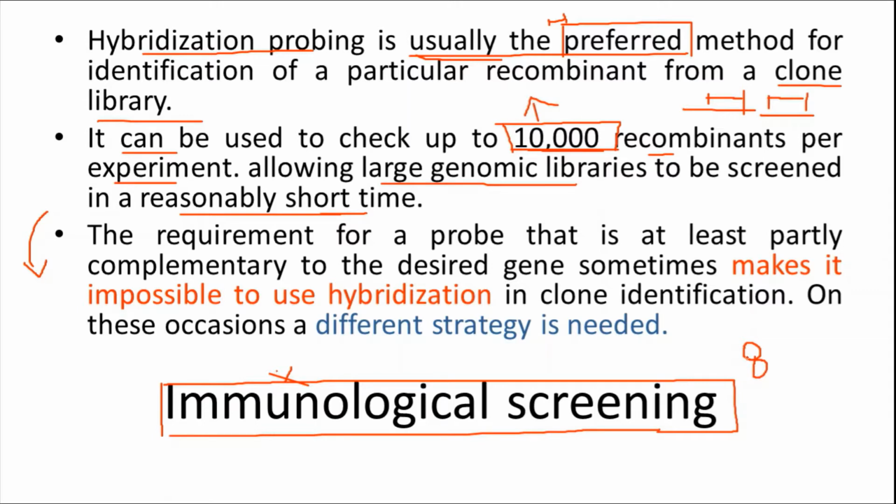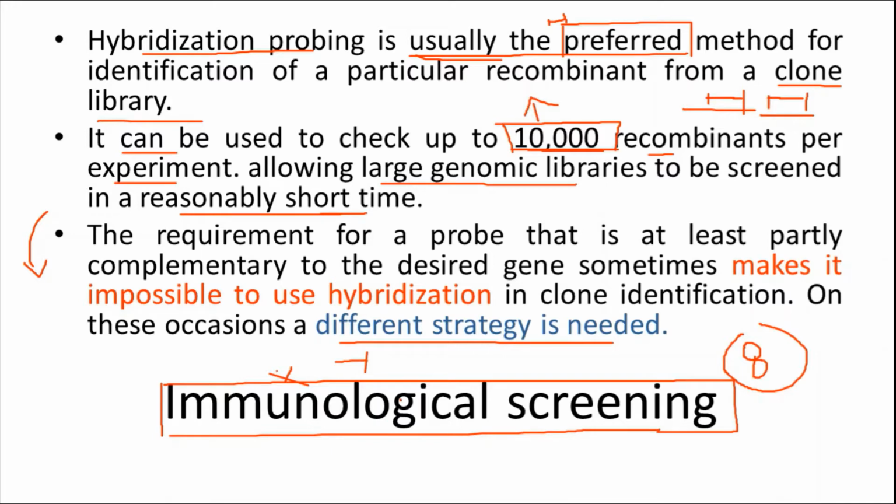Even if a number of antibodies are present in the antiserum, an unrelated antigen never binds. The corresponding antibody binds the corresponding antigen. So it is ultra specific, a very selective method, and it gives very accurate results. So we need a different strategy to select the recombinants, and only then do we go to the immunological screening method.